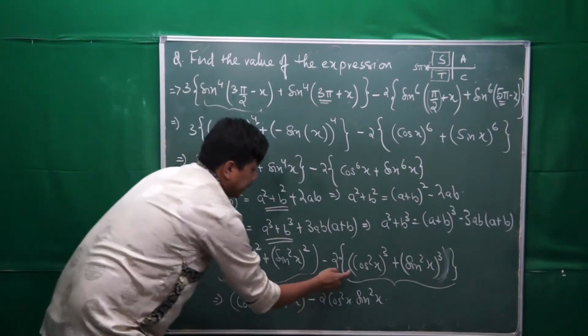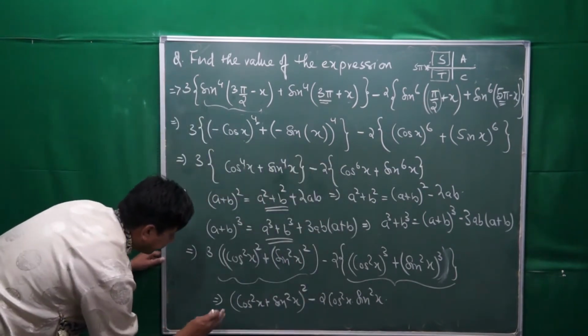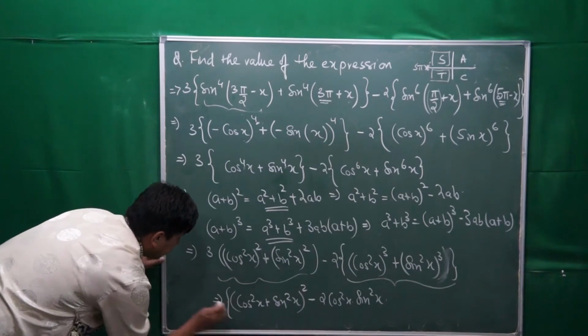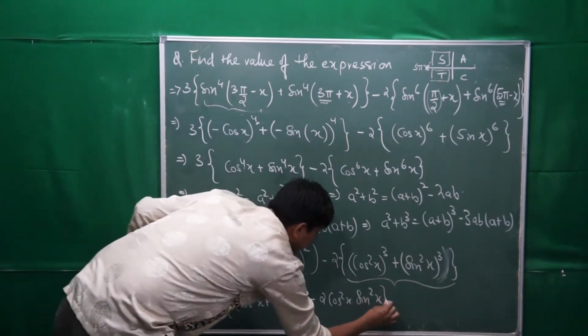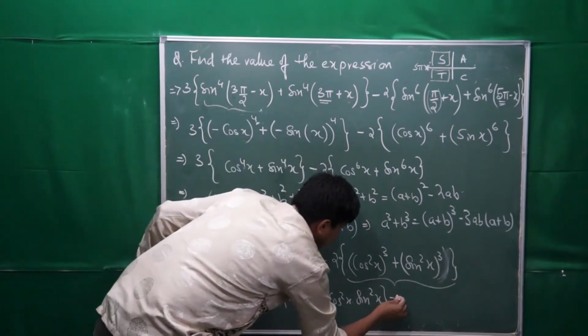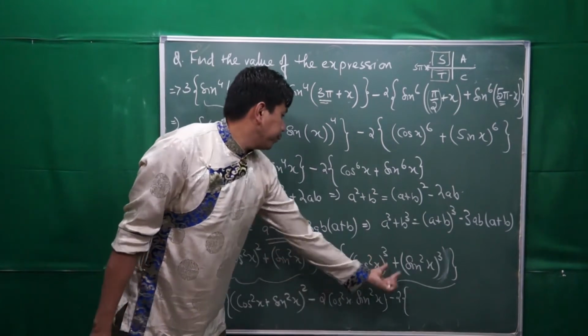Simple. Now the same thing happens in this part. Before that we have a multiple which is 3, similarly minus 2 bracket. Now this is in the form of a cube plus b cube.